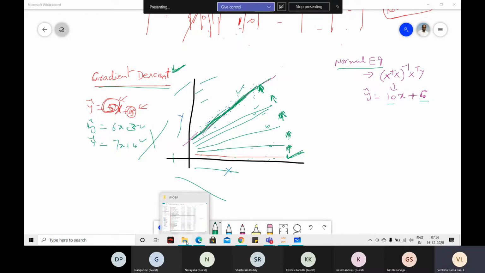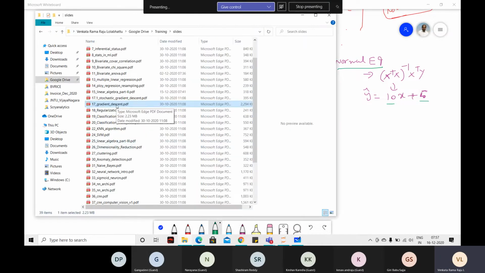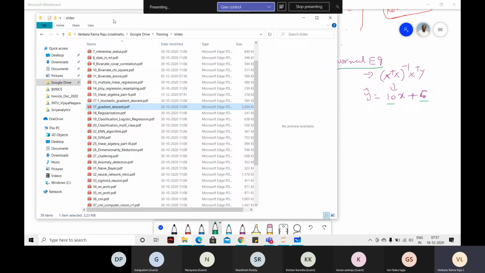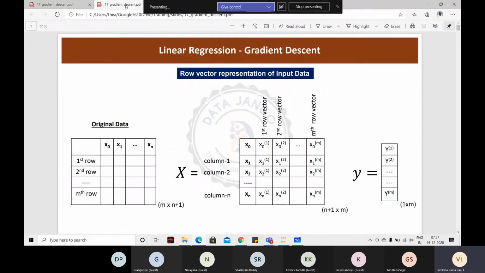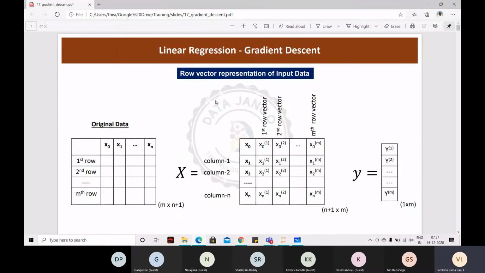So let us jump in and look at the slides. I took a simple data set and will try to visually show you how it is working. There is a representational thing we need to understand a little bit.